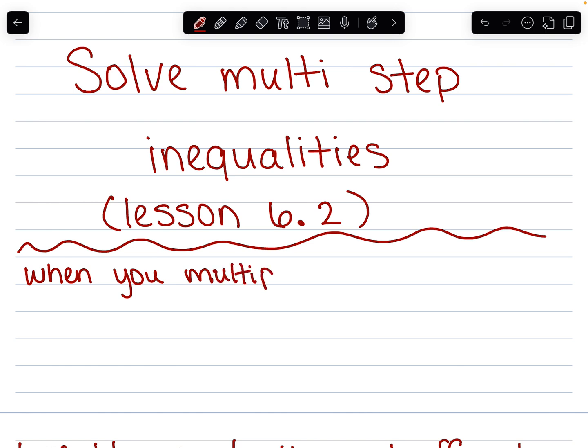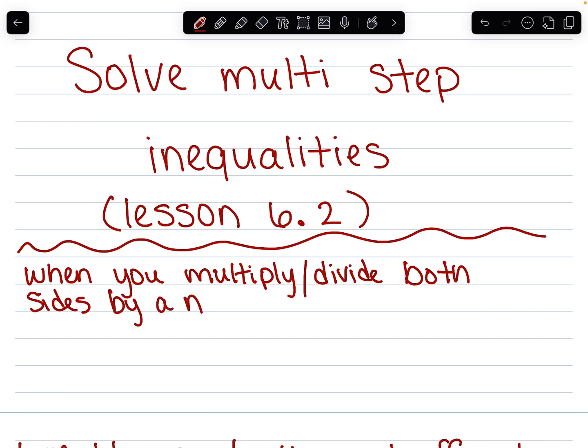What's an inequality? So when you multiply or divide both sides by a negative, you have to flip the inequality. Well, I'm going to give you time to write it down.